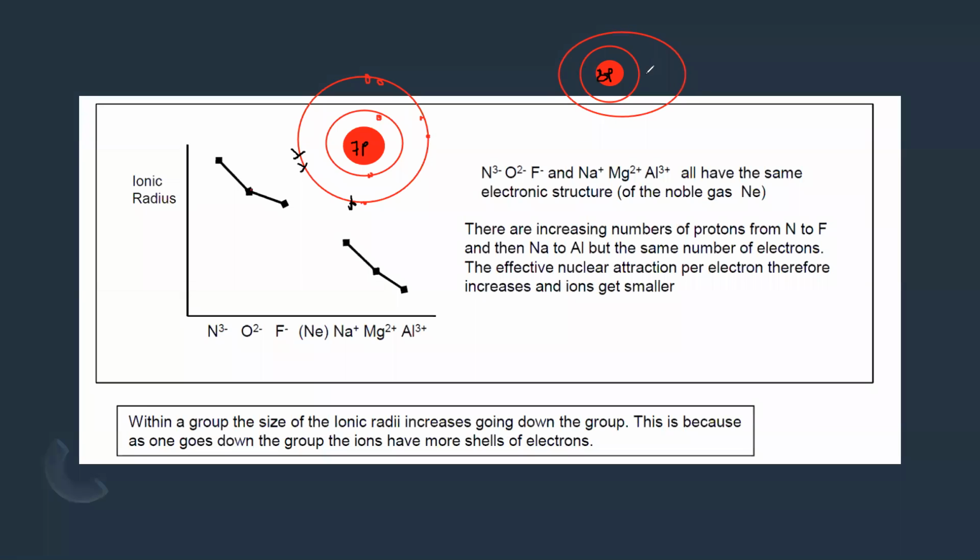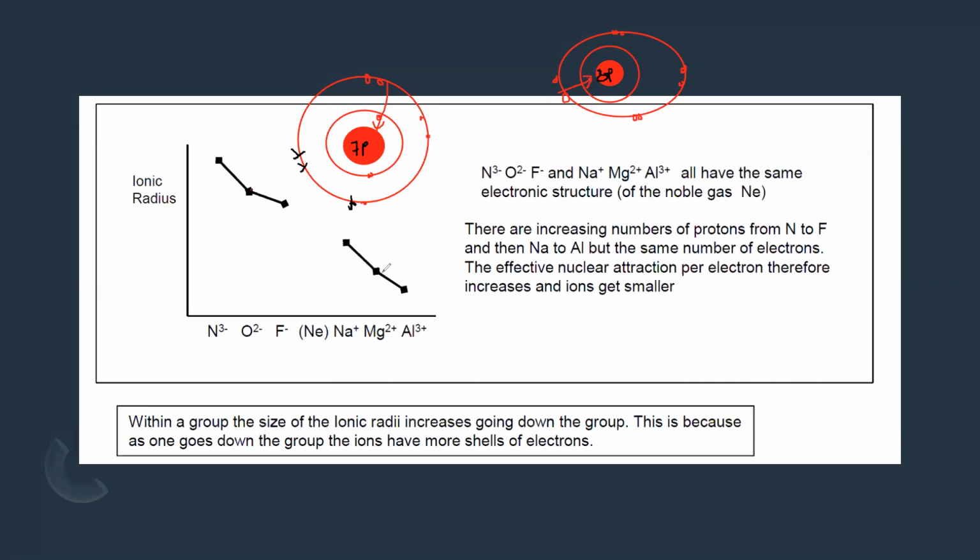So comparatively, oxygen will have a greater attraction because of greater nuclear charge compared to nitrogen. That's why, if attraction is more, size will be smaller. If attraction is weak, size will be bigger or larger. Is this part clear?